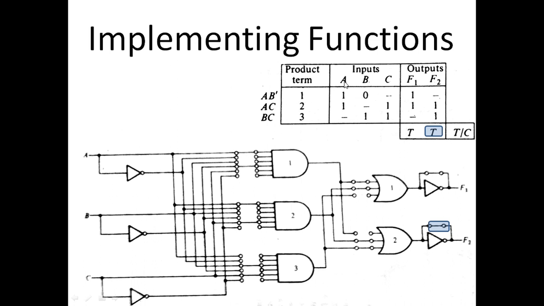So we just kept the connection from A and we kept the connection from B prime, and we just erased all other connections. So this way we programmed the programmable logic array that we had decided. So this combinational circuit is a PLA which has been programmed for the two Boolean functions implementation.